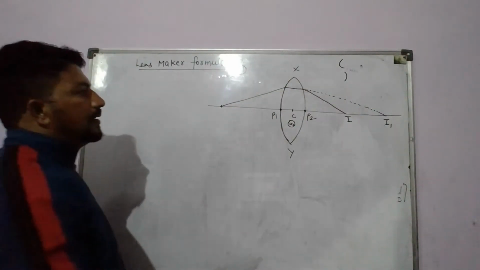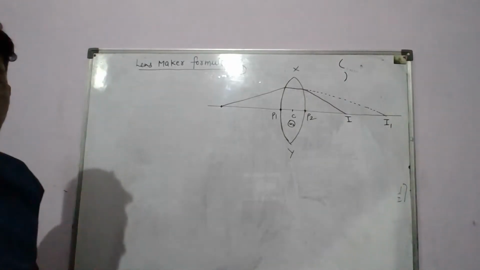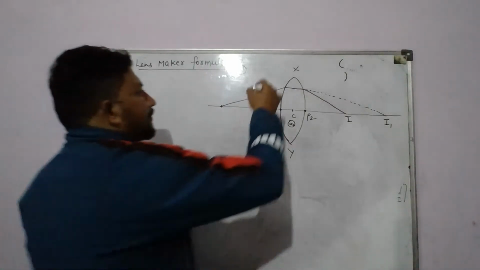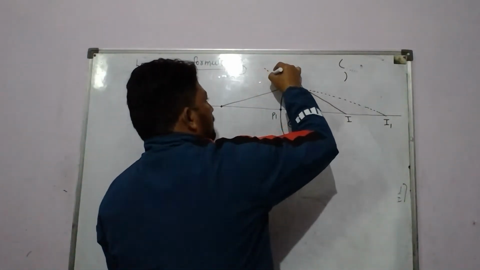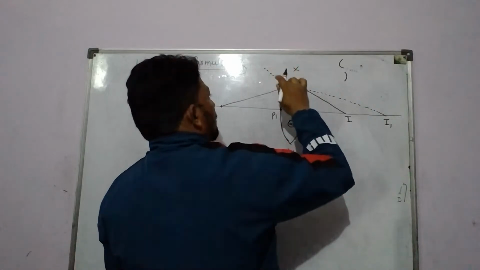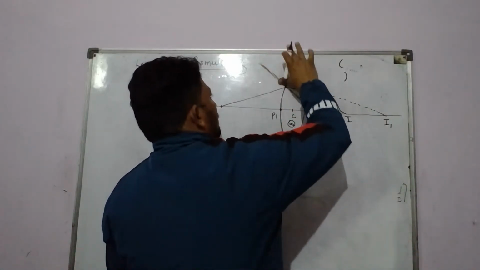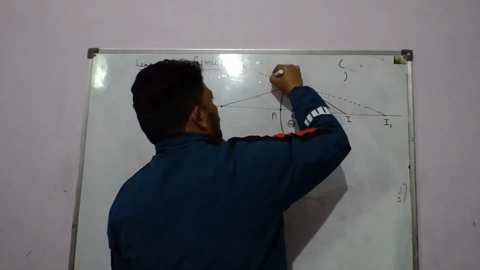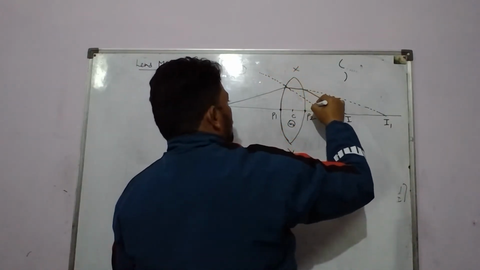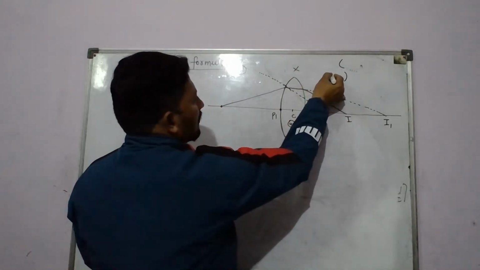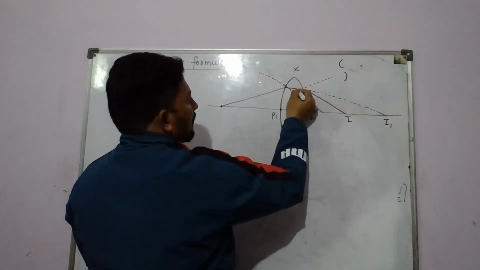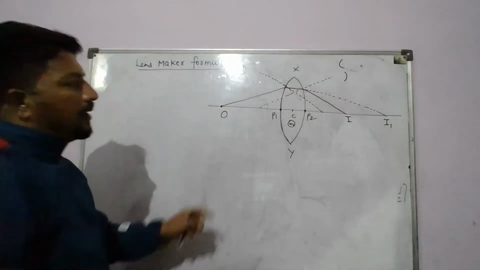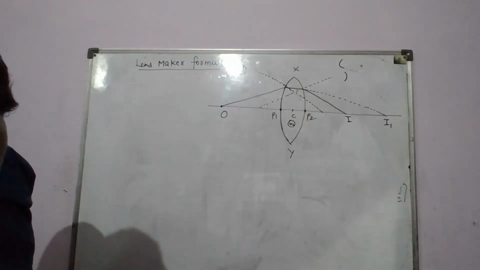After that, you can draw a normal from both ends. This is your object, and we can draw the normal here.